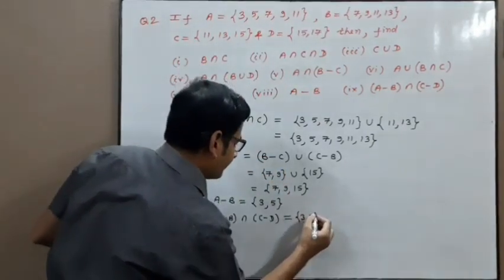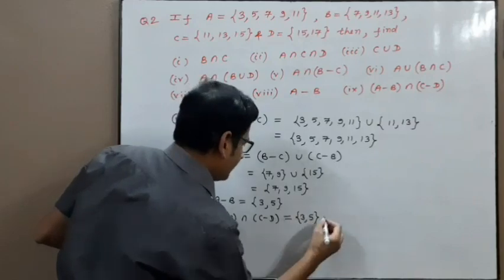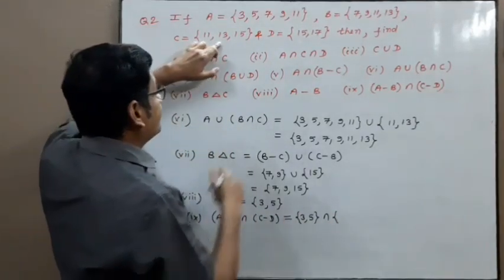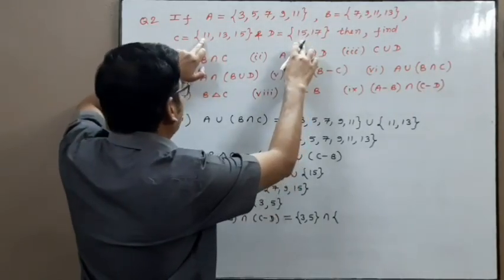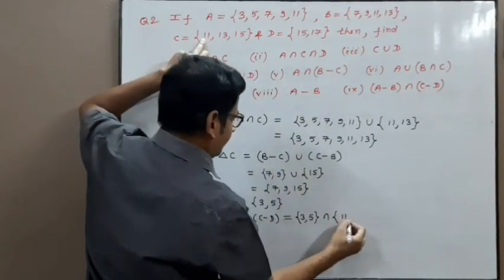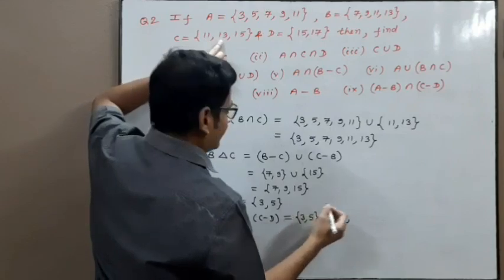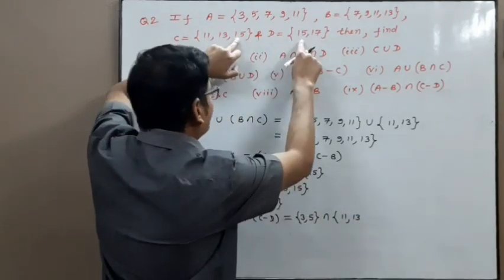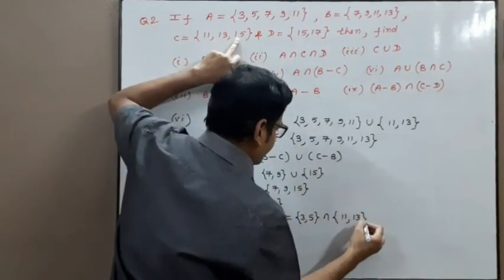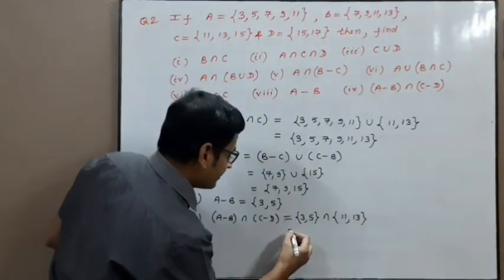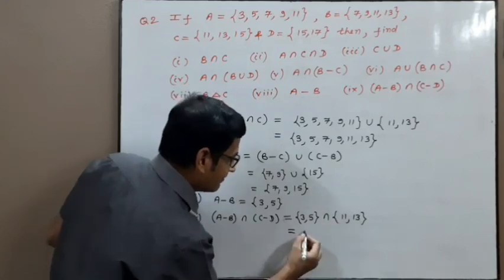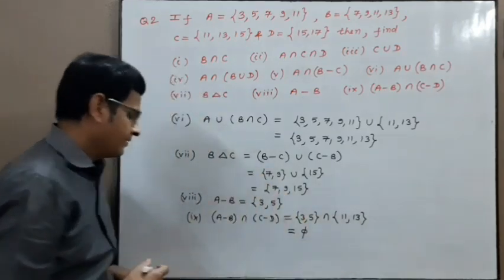So 3 and 5. Now C minus D: this is C, this is D. 11 belongs to C, 13 belongs to C, 15 belongs to C, but 15 belongs to D also. So only 11, 13. And the intersection of these two sets has no common element, which means the null set.